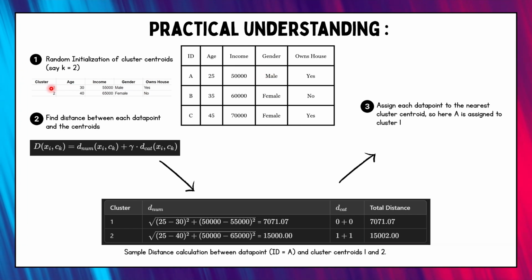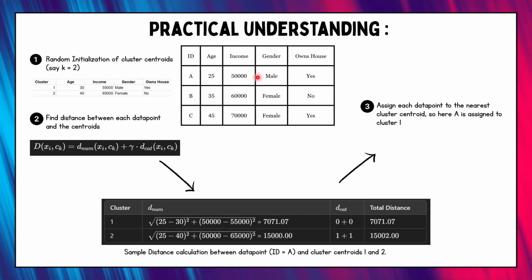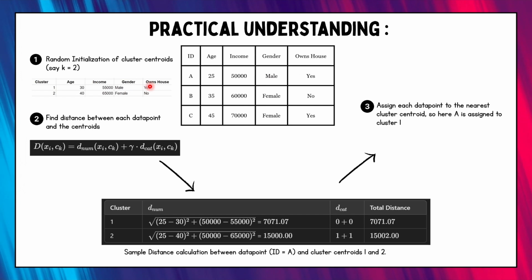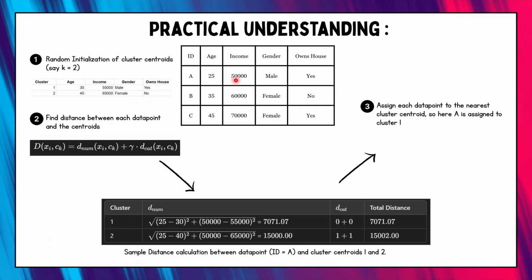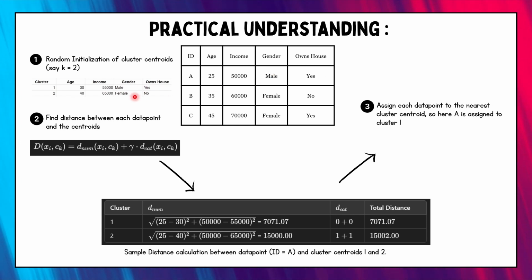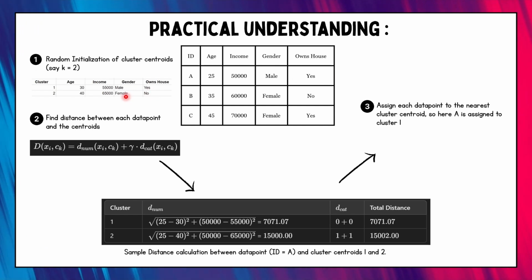So for cluster centroid 1 and row A, gender is male, owns house is yes, so the Hamming distance between cluster 1 centroid and row A will be 0 definitely, and the Hamming distance between cluster 2 centroid and A will be 2, as male is different from female, and owns house yes is different from owns house no. So we'll have 1 plus 1 as you can see here.